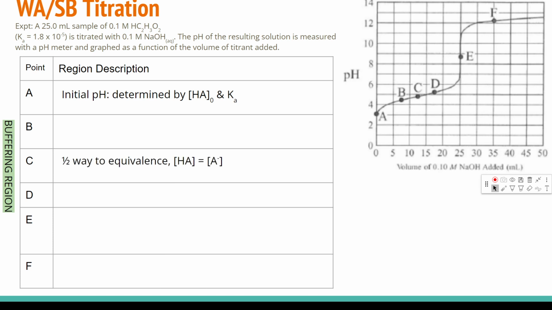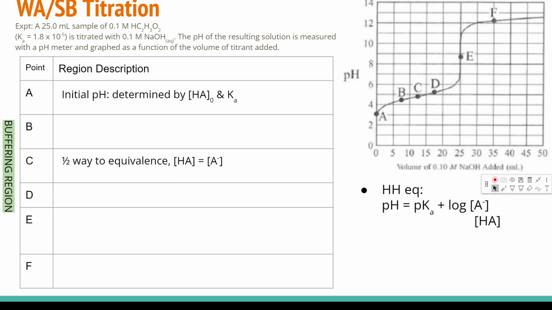In C, we are halfway to the equivalence point. And so at that point, the amount of weak acid is the same amount as its conjugate base, concentration. And so in this situation, we are using the HH equation that I introduced to y'all earlier. And this point C is very important.